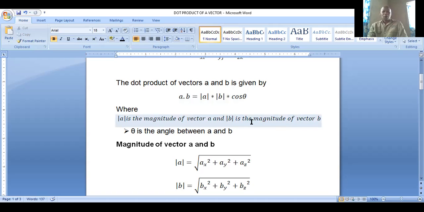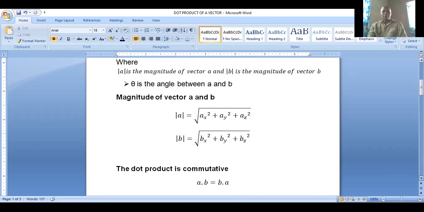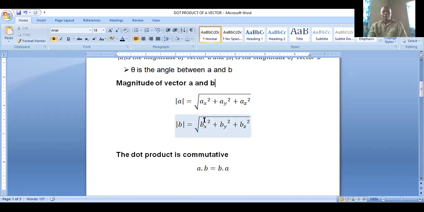And so the magnitude of vectors A and B can be found by squaring each coordinate: for A, you square the X coordinate, the Y coordinate, and the Z coordinate, and then sum them.